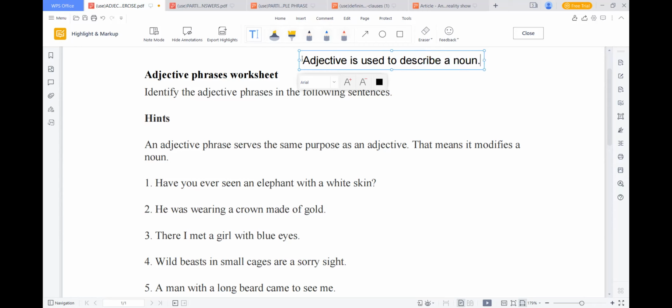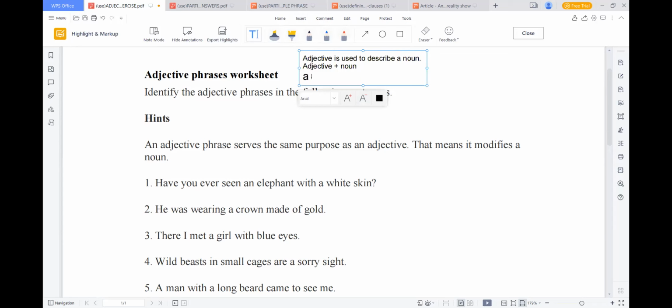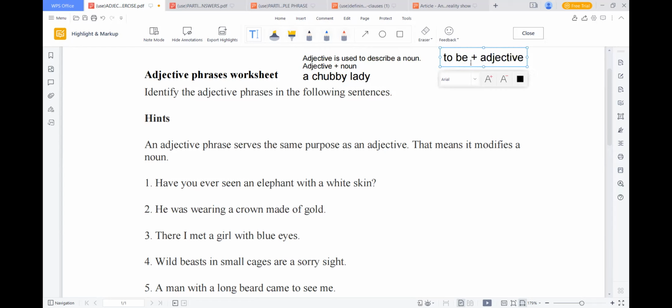So the position of adjective is usually adjective plus a noun, for example, a chubby lady. Did you see, chubby is an adjective? Lady is a noun, right? Sometimes adjective can also be used after to be: to be plus adjective.